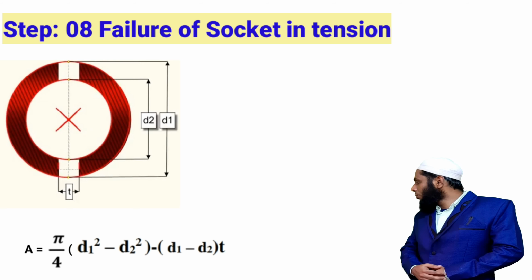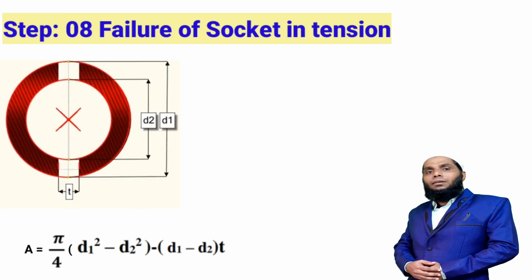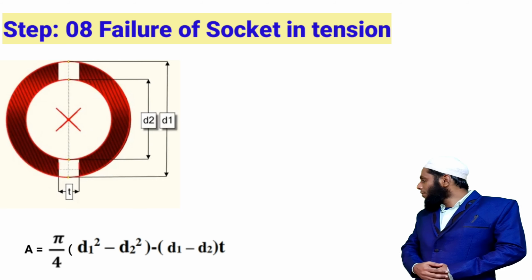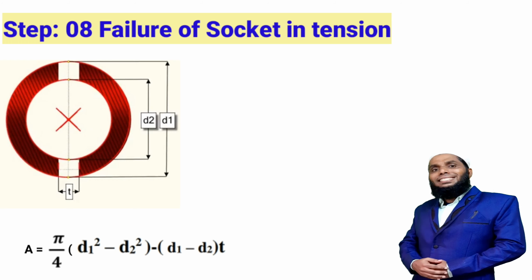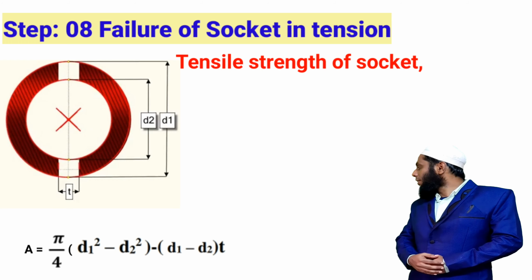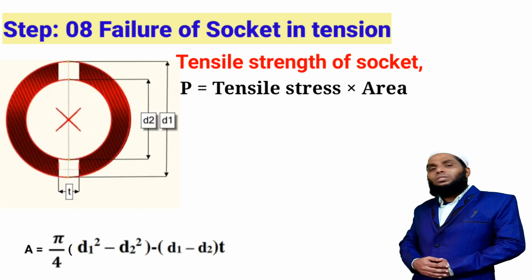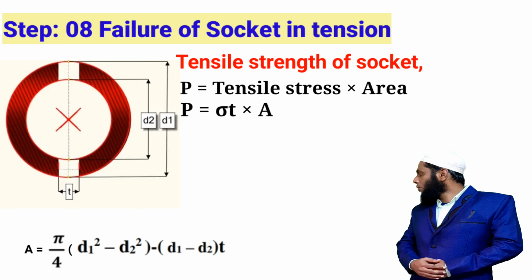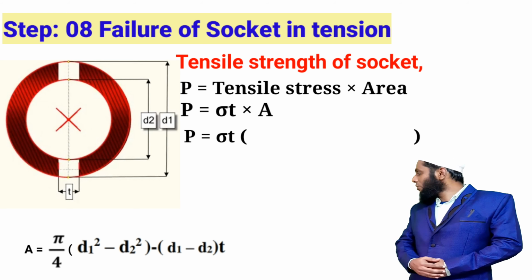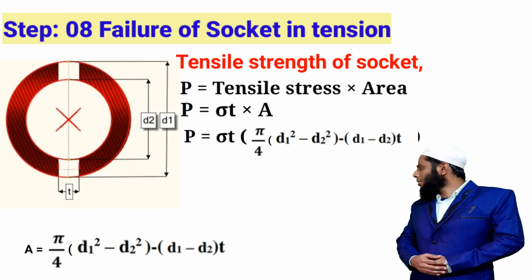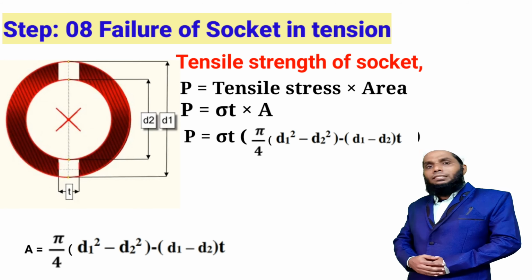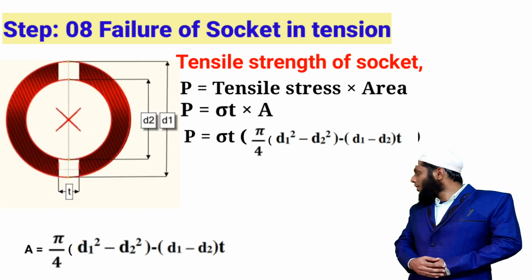So area is equal to pi by 4 (d1 square minus d2 square) minus 2 times (d1 minus d2) into T. So the tensile strength equation can be determined: P is equal to sigma T into area. Finally, the strength equation is P is equal to sigma T into [pi by 4 (d1 square minus d2 square) minus (d1 minus d2) into T].